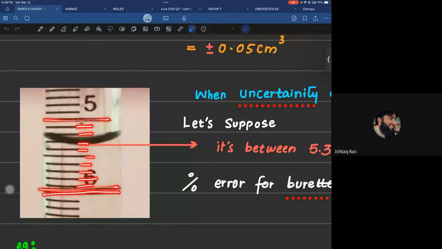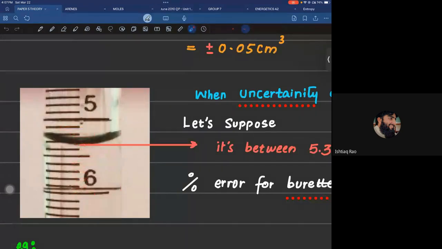So it consists of 10 small divisions. Each line shows 0.1. That's the reason 5 plus 0.1 is 5.1, then 0.2, 0.3, up to 0.9, and then exactly this is 6.